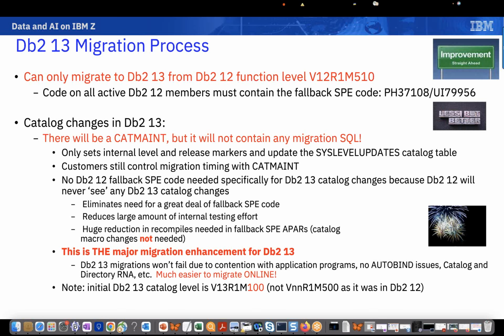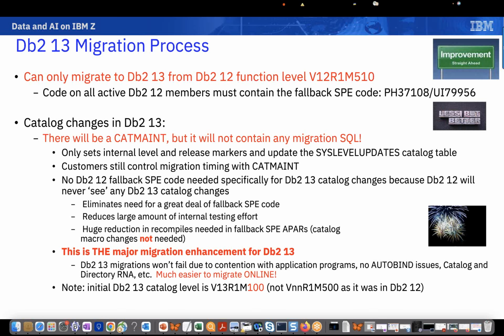Now, that catmate does set some internal level and release markers, and we do update the SYSLEVELUPDATES catalog table to say that you had migrated, but there's nothing else that we're doing during that time. So why is that important? Typically on a release migration, we would change a lot of the catalog.